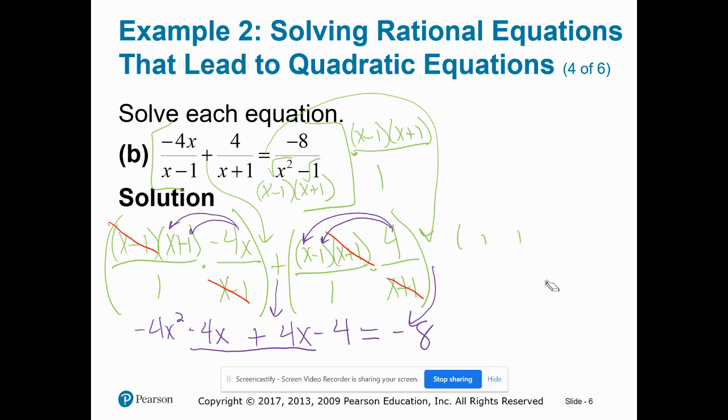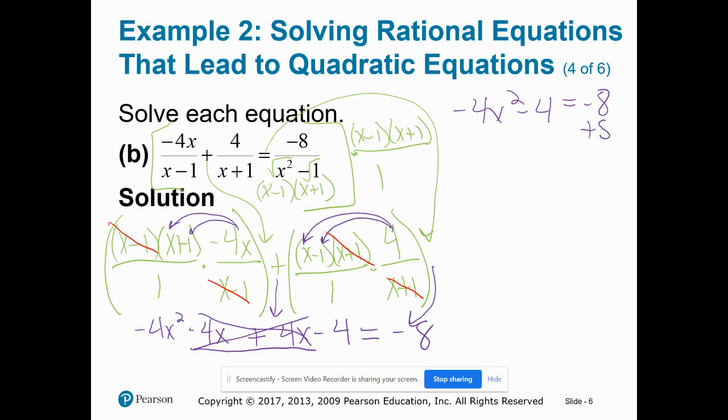Let me erase and get some space over here. For combining those like terms, we have negative 4x squared. These add to 0. Minus 4 is equal to negative 8. I see the x squared, so of course we're probably going to have to factor at some point here.